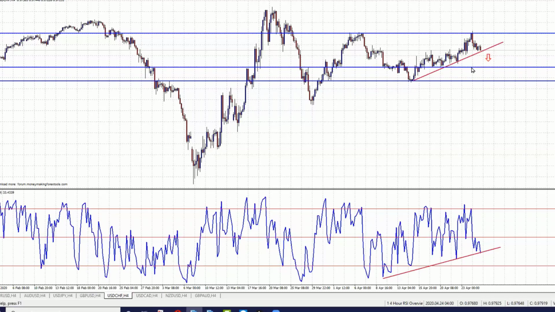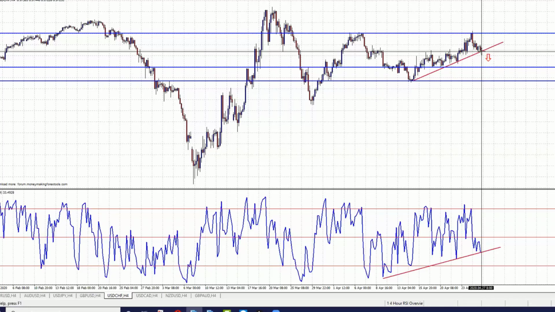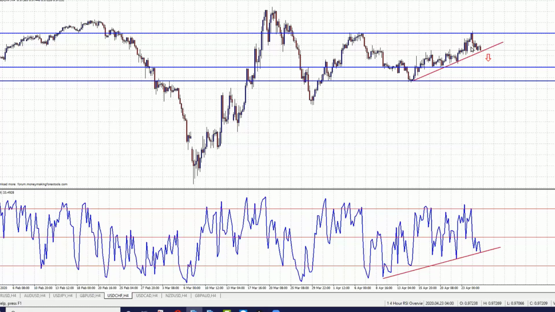Then you say, all right, if I enter there, that will be a 65 pip move, and if I stay in, it'll be a 100 pip move. So that's the kind of thing that you look at. Almost got a double top here.